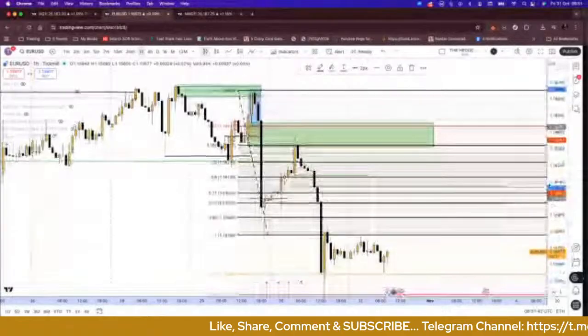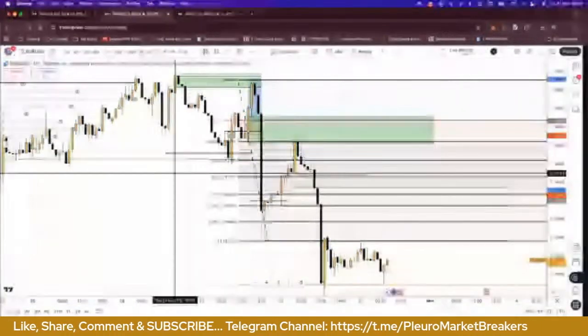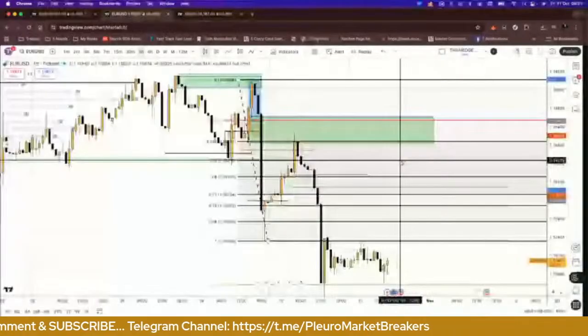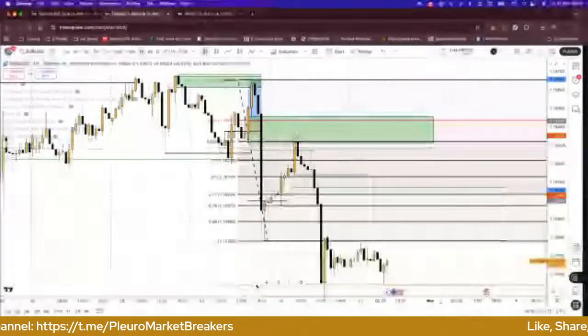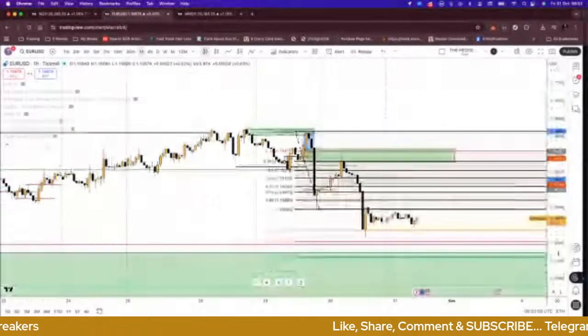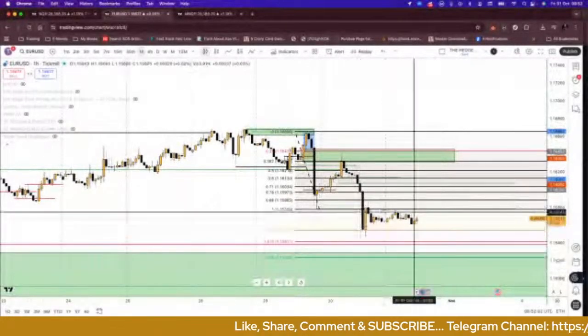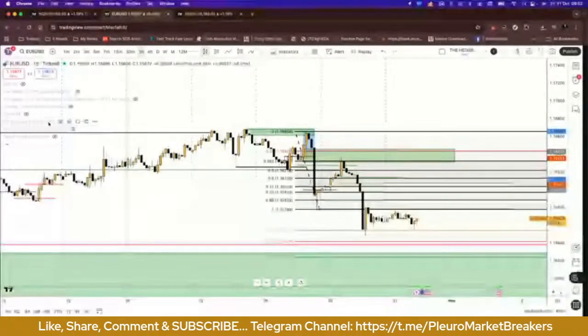So several things could happen. Price could literally just come back in or just head straight for that fair value gap. In which case, okay, let's put kill zones on.